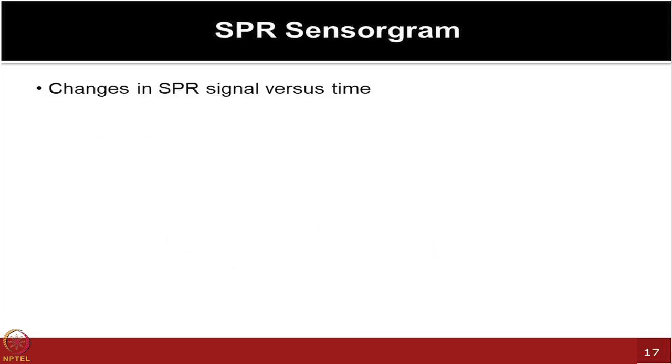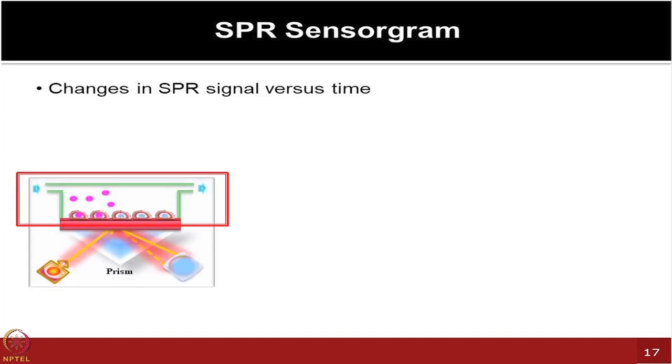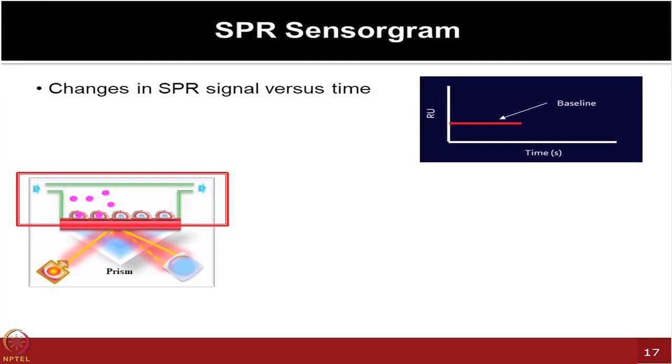You measure it in what is termed the SPR sensorgram. These sensorgrams can be used to monitor your entire binding activities for the reactions. For example, initially, when molecules are just coming in and starting to bind with the antibody, you can see there is initially a baseline which is stable.